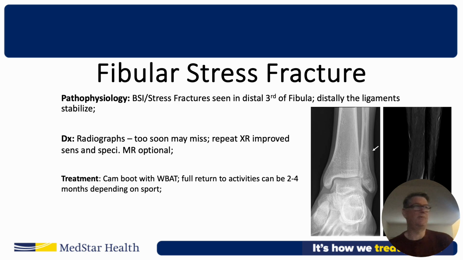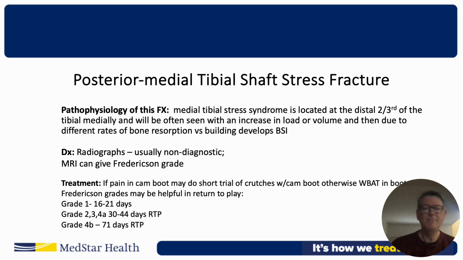Many times you'll really only have to do a boot, but you'd be surprised that a lot of runners will continue to tell you they've had some pain if they try to return to running faster than 2 to 4 months, which seems like a long time, but it's probably because of some of the soft tissue attachments on the fibula in the area of the injury with the peroneus brevis and longus. So it lasts for a very long time for a non-high-risk stress fracture, especially in running athletes.